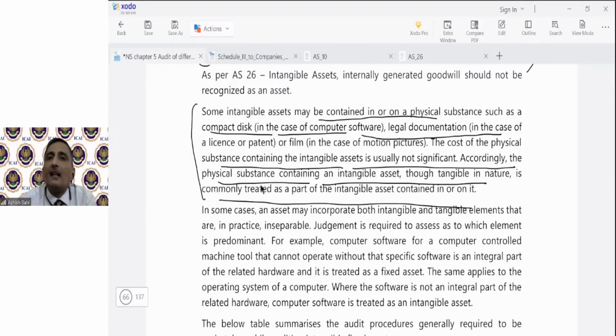The point that software is on a compact disk is of no significance. The point is that it has software which is valuable. So it is commonly treated as part of intangible assets.